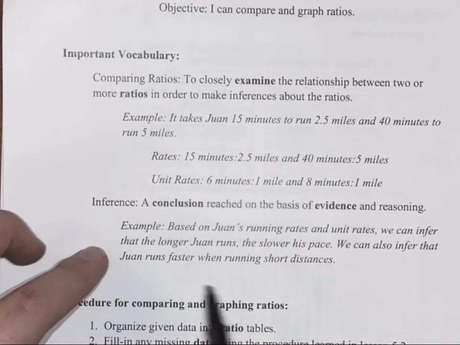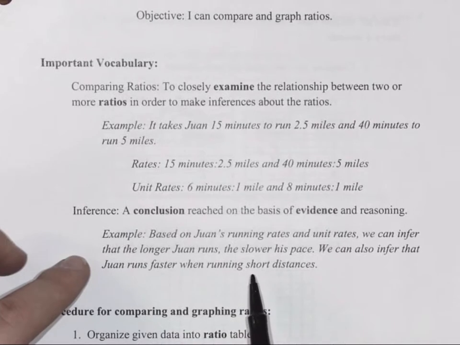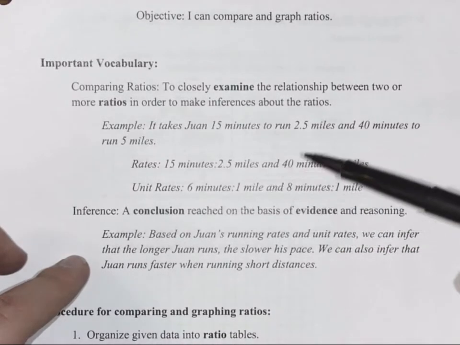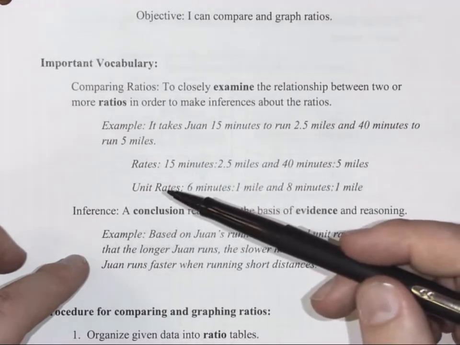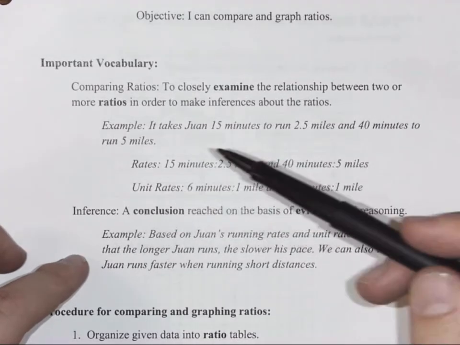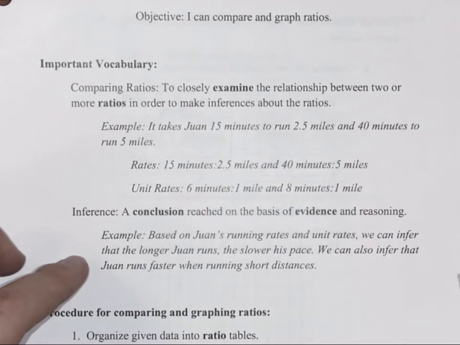We can also infer that Juan runs faster when running short distances. All of that can be gathered because of the comparison of the rate and the unit rate of the two different timed runs.